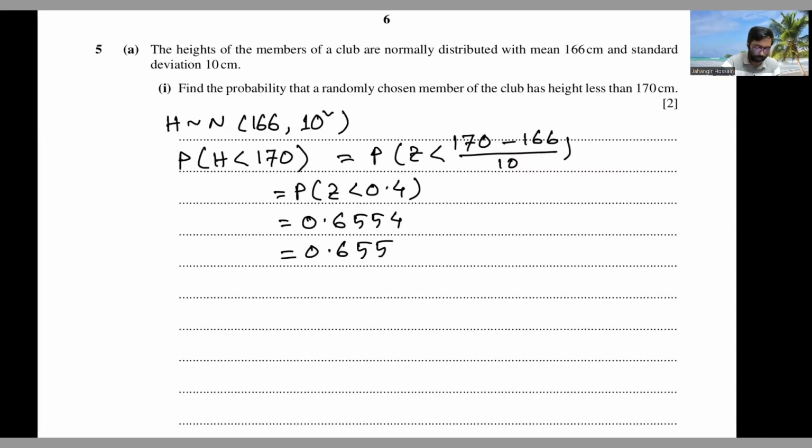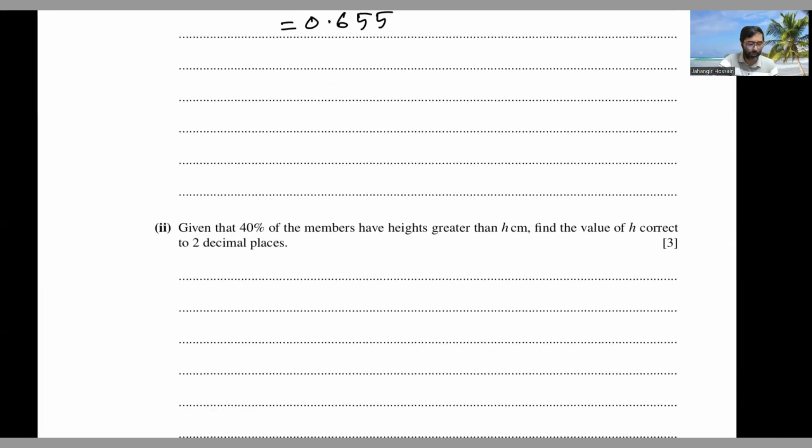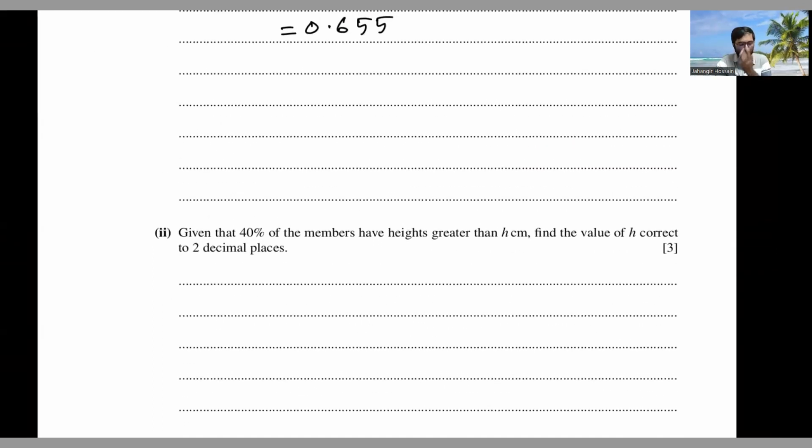Okay, next part 2. Given that 40% of the members have height greater than a, so height greater than a has a chance of 40%, so 0.4. You have to find the value of a.